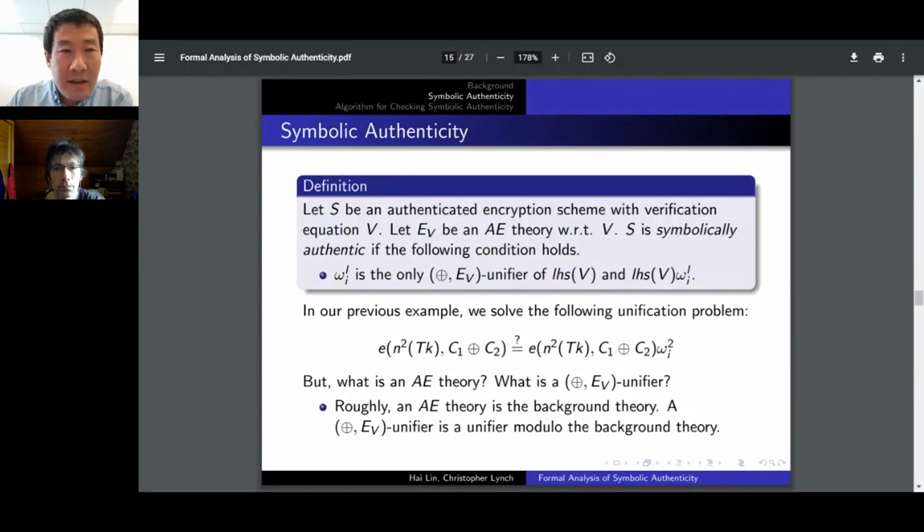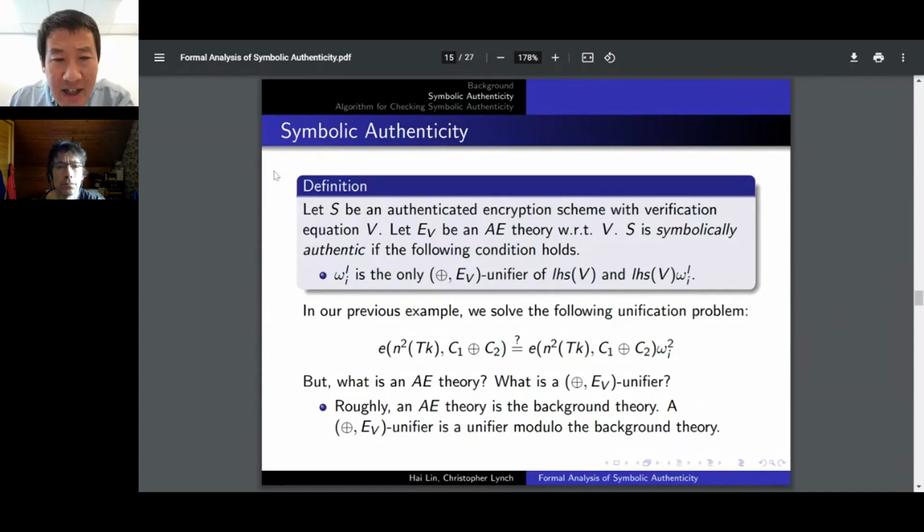Now I'm gonna talk about the definition of symbolic authenticity. It's a bit technical and it depends on other definitions. So I'm gonna introduce the definition of symbolic authenticity, just to give you a high-level idea, and then I'm gonna introduce the other definitions that symbolic authenticity depends on.